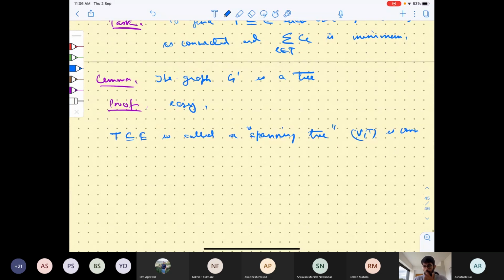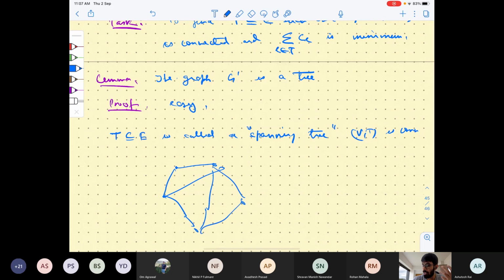So now the question is, how do we find this minimum spanning tree, minimum weight spanning tree, minimum cost spanning tree? Because how many spanning trees are possible? Suppose you have a clique, with all the edges there, then there are a lot of spanning trees possible, right?